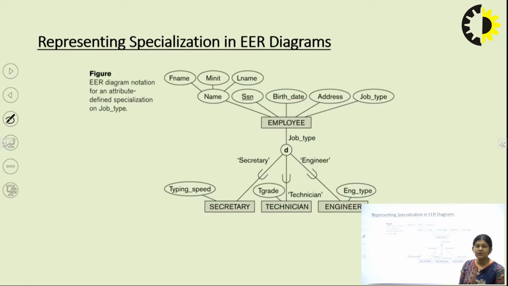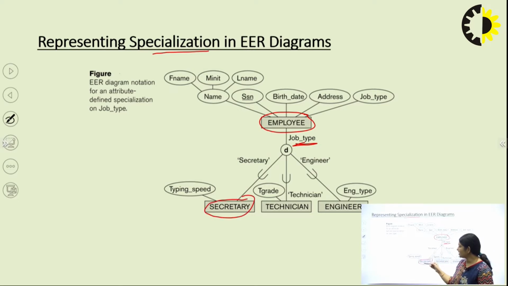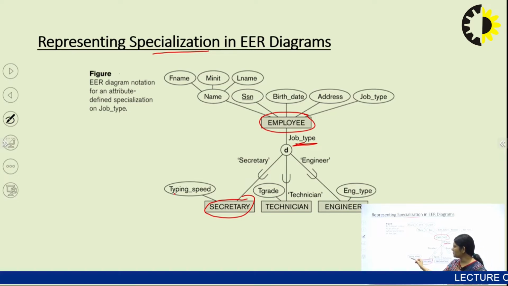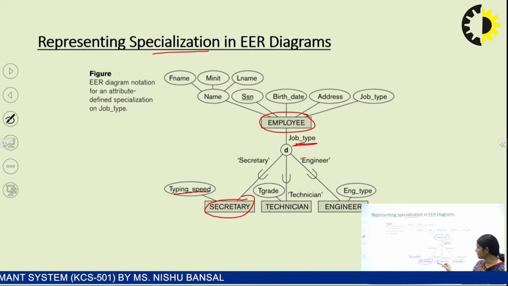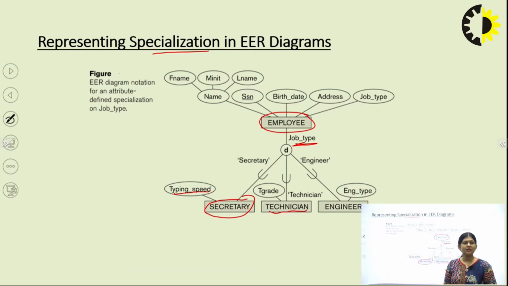So let's see the next concept, that is specialization. This superclass-subclass concept leads to the specialization concept. Here we have employee as a superclass. So job type, based upon the type of work they are doing in an organization, is the specialization. A person who is a secretary would be specialized in certain features or would have some special attributes. So typing speed is a special attribute of this particular job profile. Likewise, if a person is a technician, technicians in an organization have certain technician grades.